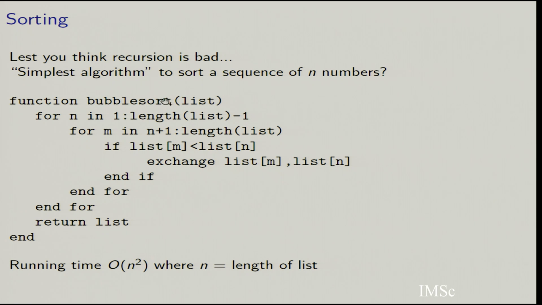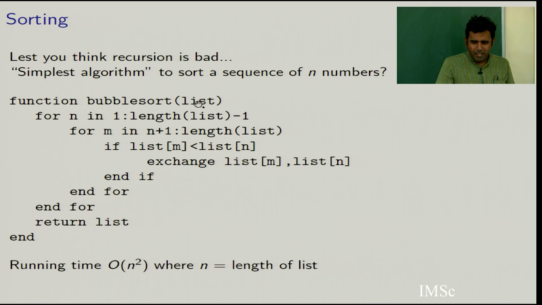So bubble sort basically takes a list, then it starts with the beginning of the list, let's say n is equal to 1 initially, and it compares with every other member of the list, that is n plus 1, starting from 2 till the end of the list. And if those elements are less than your n is equal to 1 element, it exchanges them. So at the end of the n is equal to 1 loop, you will have brought the lowest element to the first position.